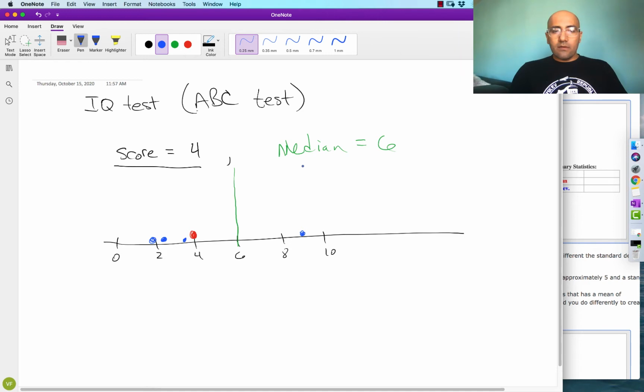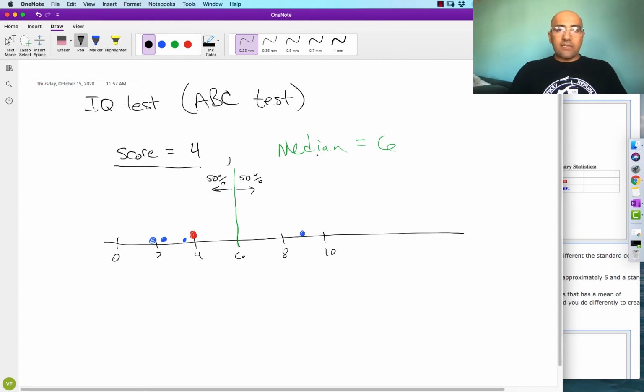If I'm at least allowed to know that the median was 6, that means 50% of the results are in this direction. It's the exact halfway mark of the scores. Half the people who took this IQ test scored below that, and half scored above that. So now I have a better sense of what this means. I didn't do as well. Half the people did better than 6, and I did worse than that.